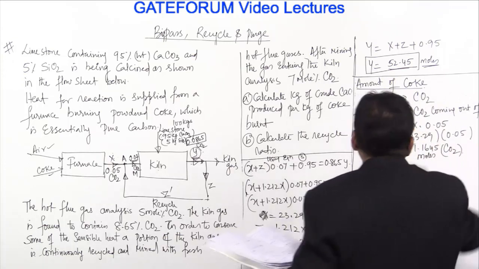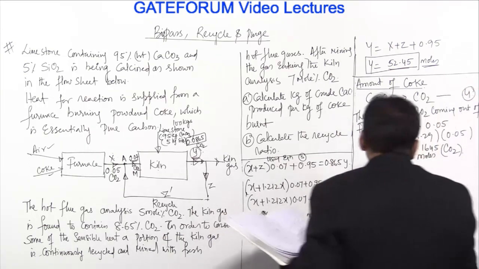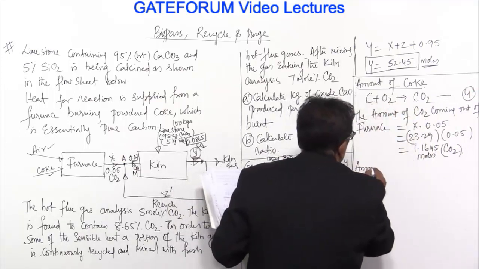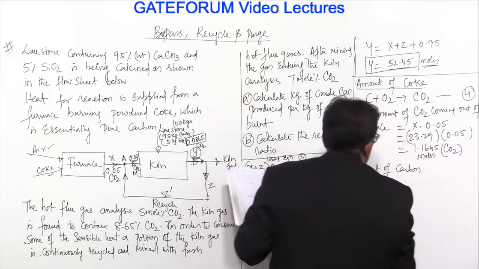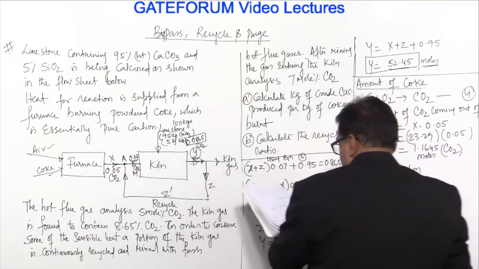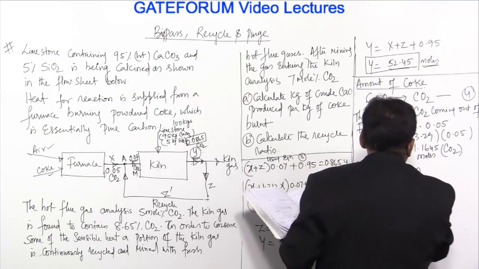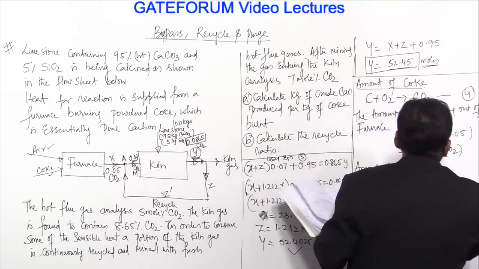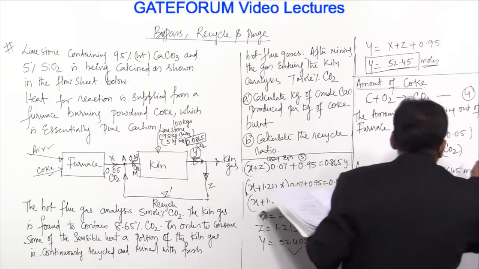Okay, using equation 4 here, 1 mole to 1 mole, correct? So the amount of coke, or amount of carbon, because coke is completely carbon, is 1.1645 moles.